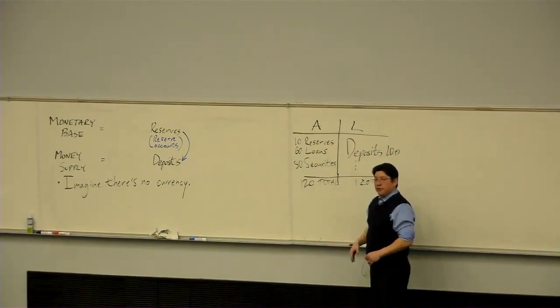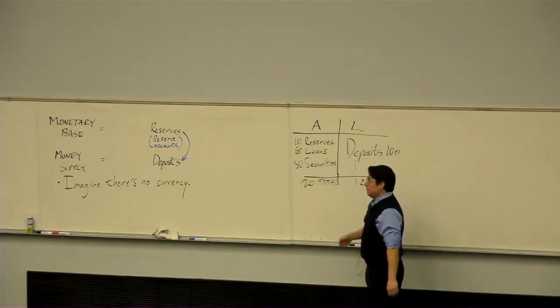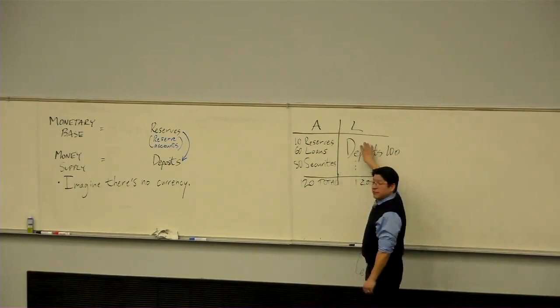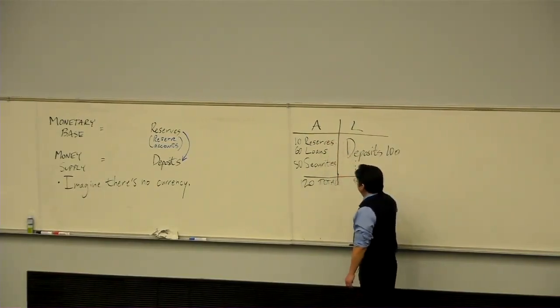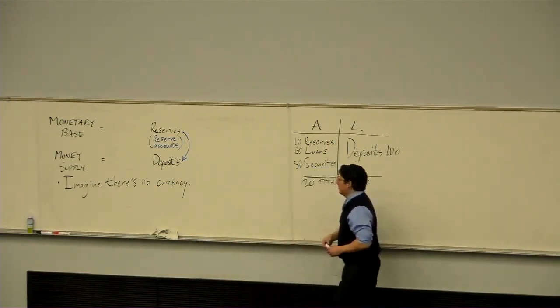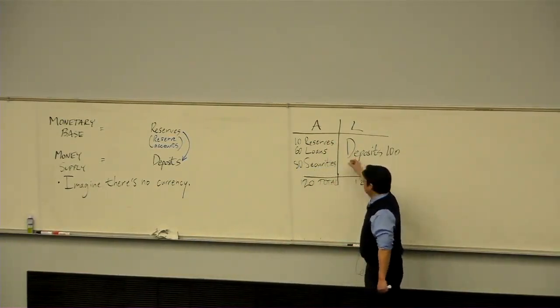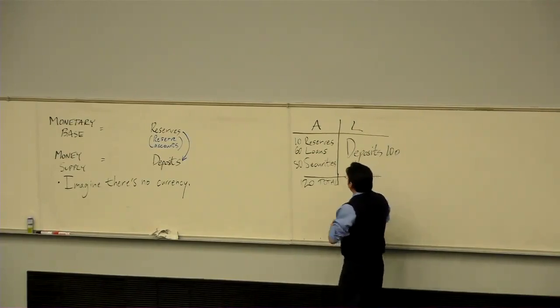Then I would end up with some gigantic balance sheet, but it would still be the case that the total amount of deposits at all the banks is going to be much larger than the total amount of reserves at all the banks. Well, so that's the first observation. In fact, we know how much bigger it's going to be. This is going to be 10% of this. Whether it's required or desired isn't the issue.